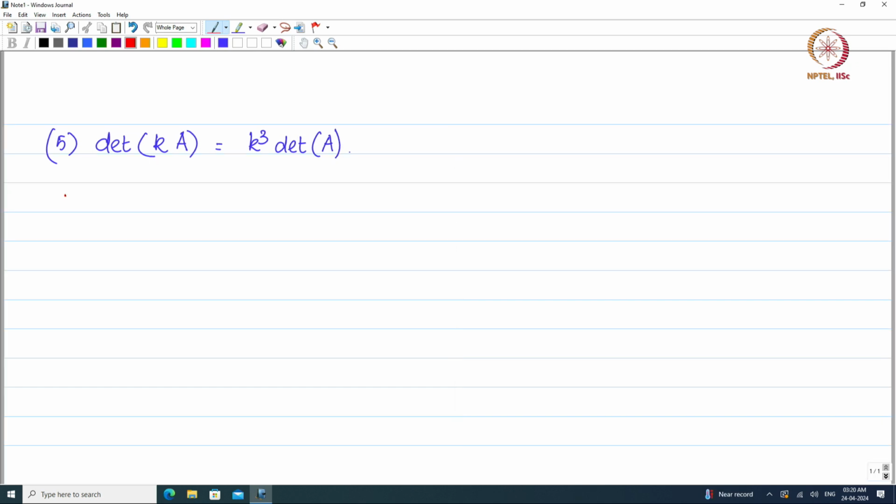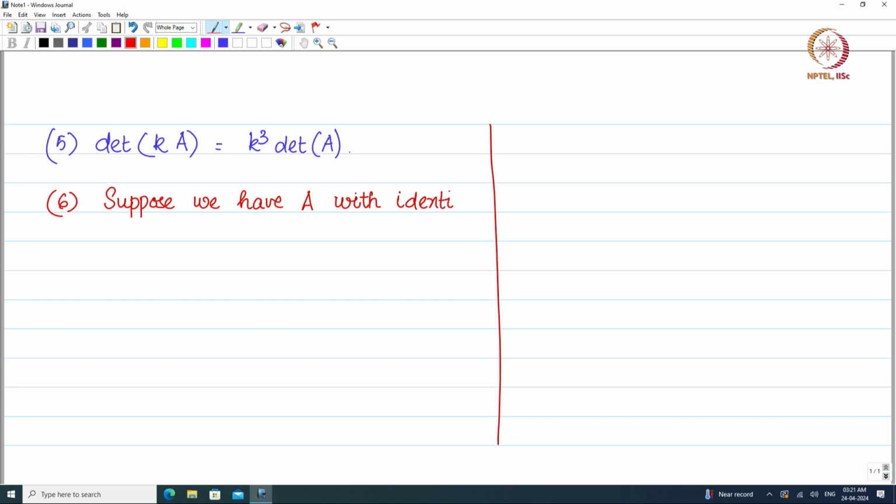So, the next point that we are going to look at is, suppose we have a matrix A with identical rows. Then the determinant of A is 0.